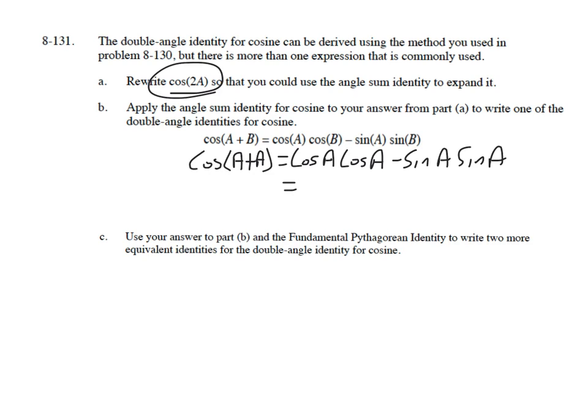Well, cosine times cosine is cosine squared a, minus sine times sine is sine squared a.